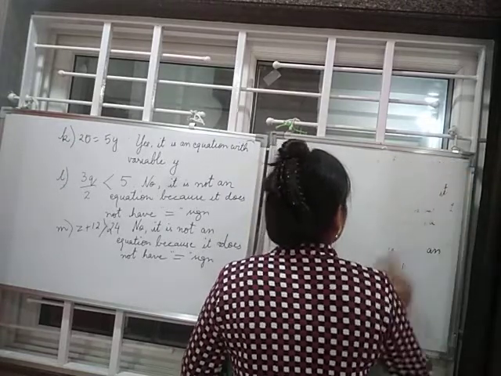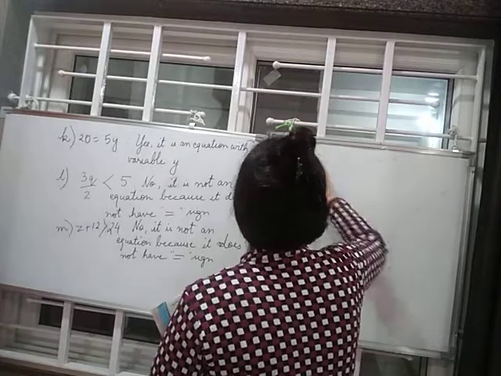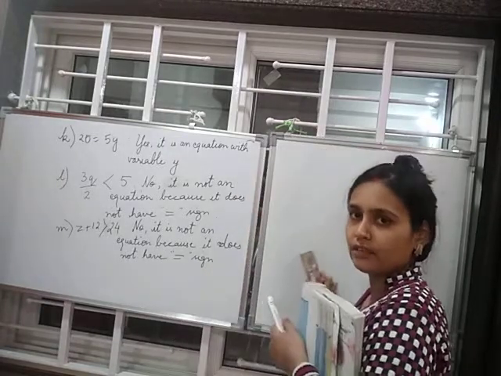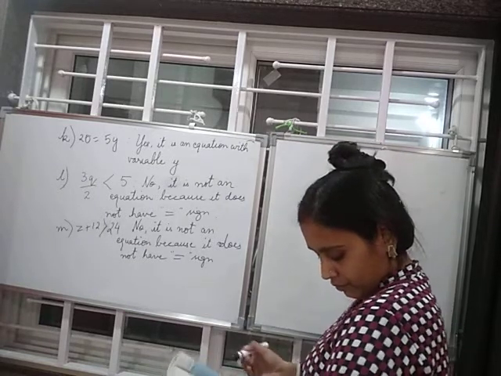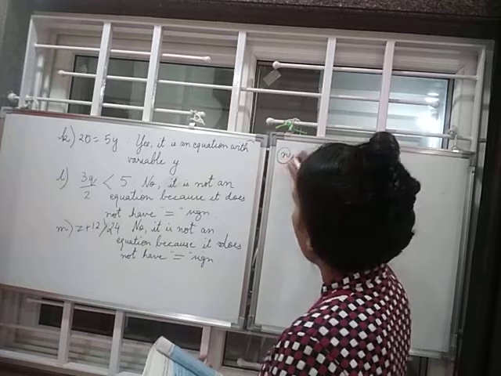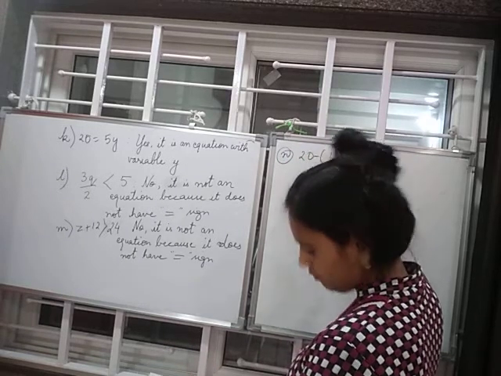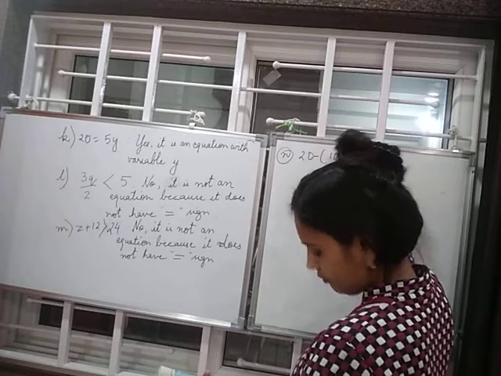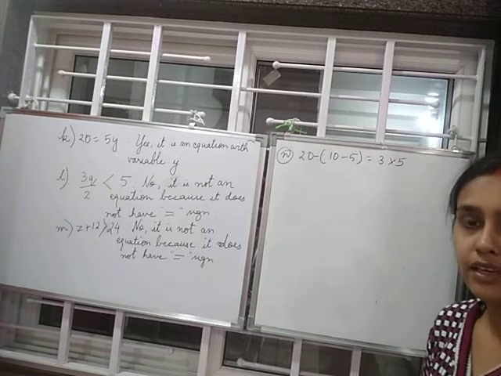Then we go to the next one, children. Many are there, but we are doing all. We are not leaving any so that we will have practice of it, children. N. It doesn't have any variable.